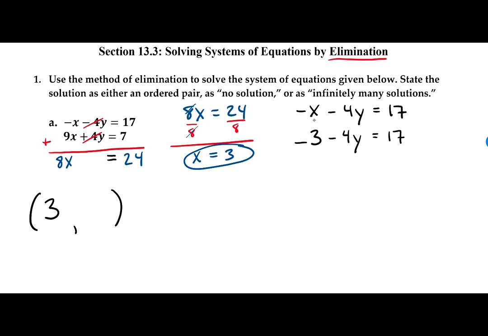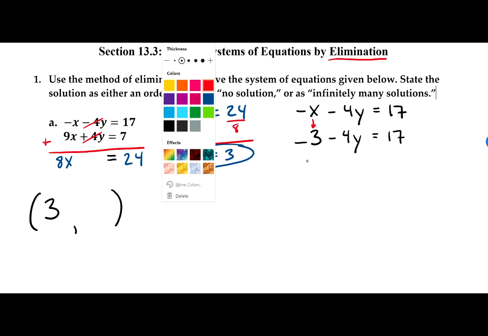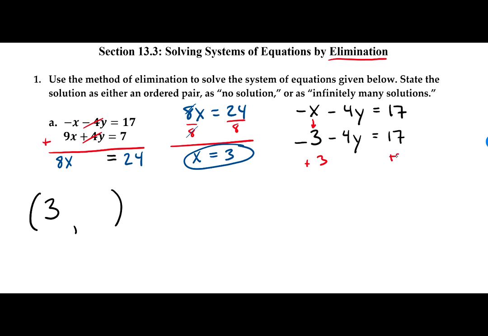Okay, so we know x is equal to 3, and now we want to solve for y. So we could add 3 to both sides of the equation. Those 3's will cancel, so we have negative 4y is equal to 17 plus 3, which is 20. And we could divide by negative 4.